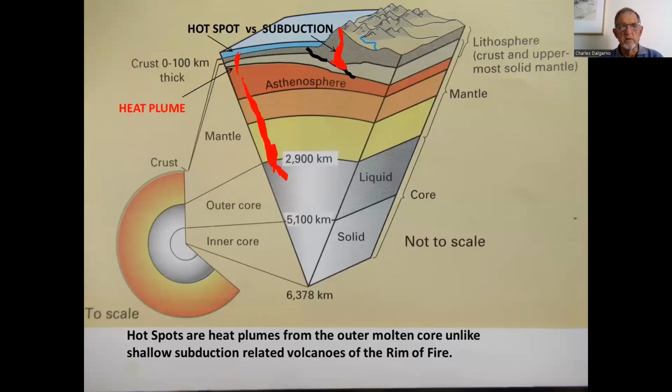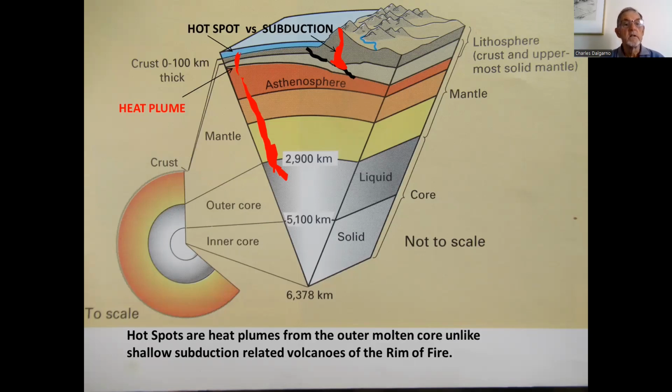Well, this gives us a quick look at a section through Earth and the difference between a hotspot volcano emanating from this heat plume way down in the outer core, which is liquid. The inner core is solid due to the enormous pressures, essentially nickel iron. Heat is transmitted up, acting like a blowtorch on the underside of plates, creating a magma pool, which gives rise to the hotspot volcanism.